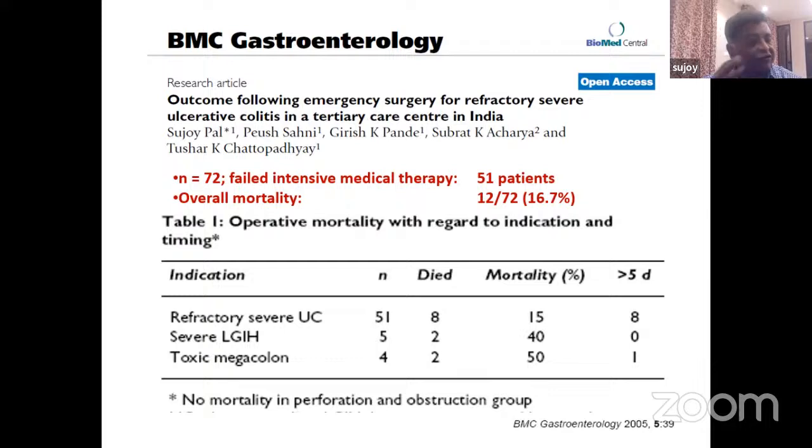They ended up having a higher mortality. Of course, we had the groups with toxic megacolon and severe lower GI hemorrhage, which also had a high mortality. But refractory severe ulcerative colitis was the biggest group, and the mortality was highest for those with prolonged treatment.